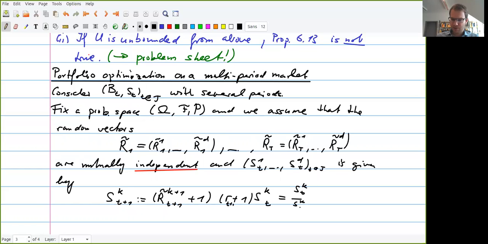Well, we have defined the returns, and this generates our price evolution.